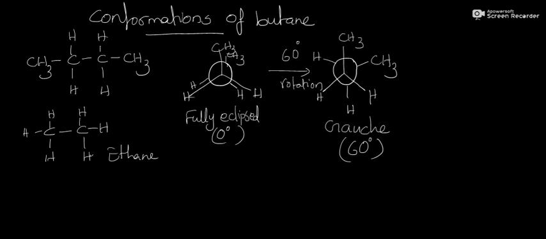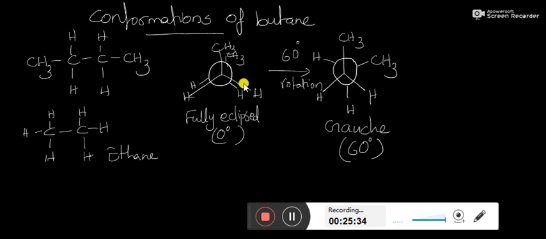This conformation is known as Gauche conformation. Here, the angle between two substituents on the front carbon atom and back carbon atom in the Newman projection formula is called dihedral angle or torsion angle or torsional angle, and it is represented by theta.